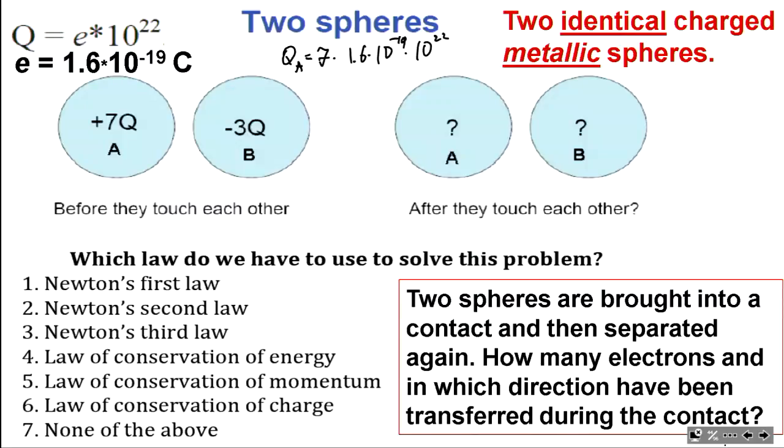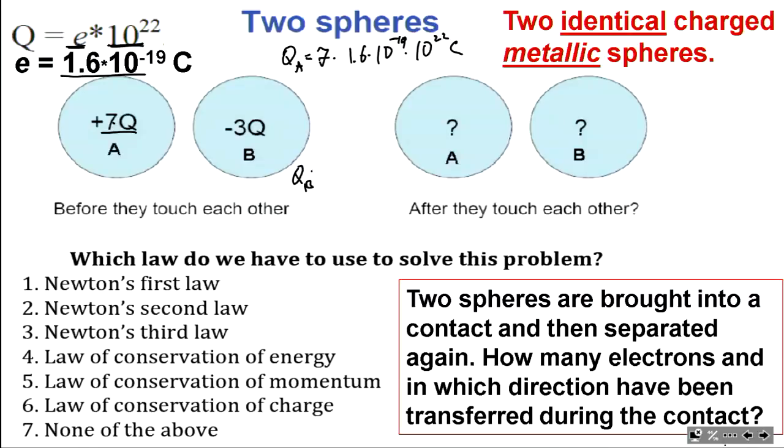This is how we read it: 7 times Q, where Q represents the elementary charge times a given power, in coulombs. We don't have to know this actual value. It's not important for this problem, at least for now.